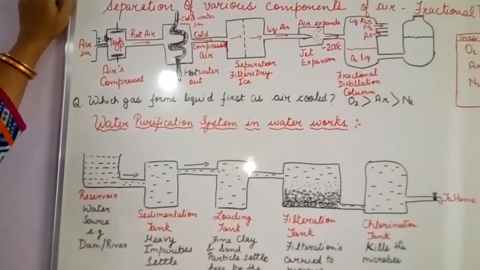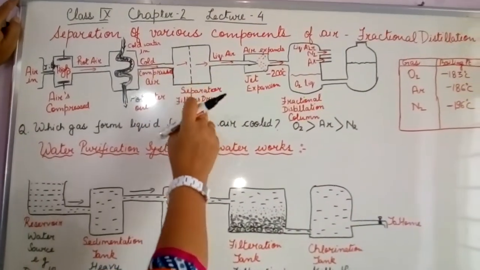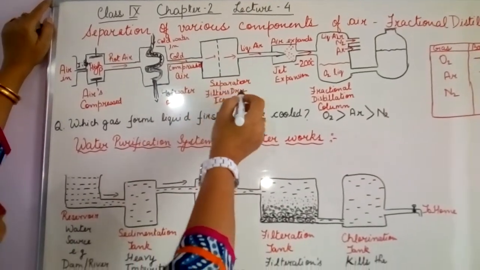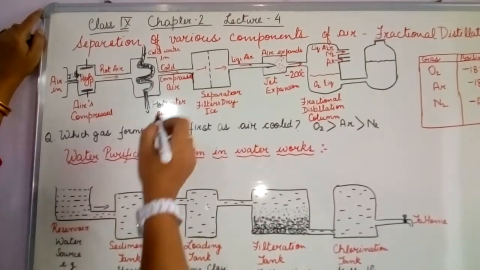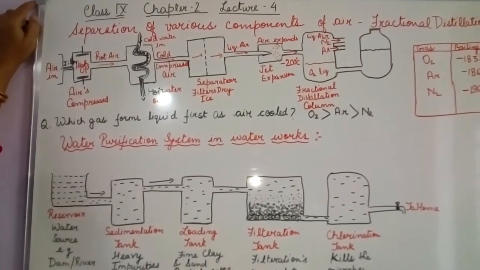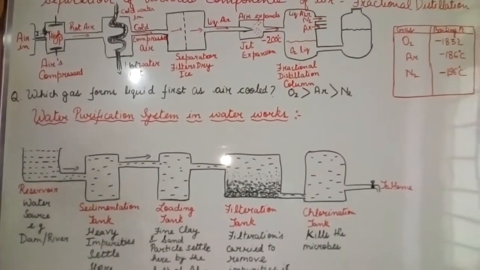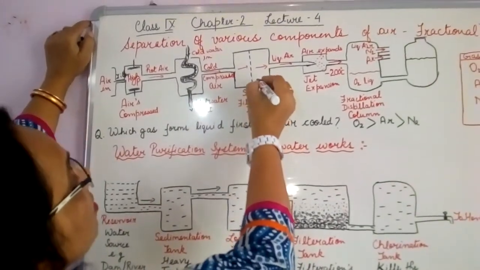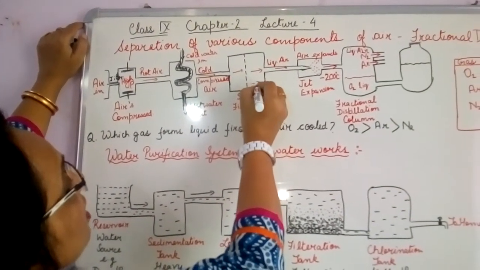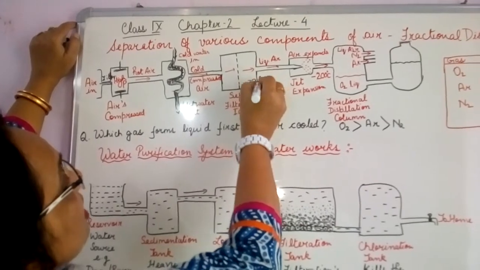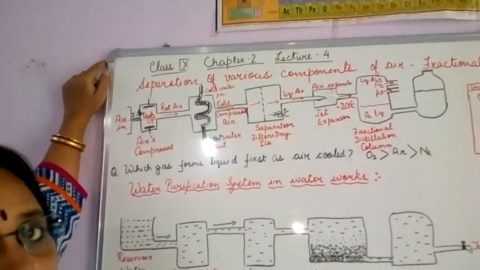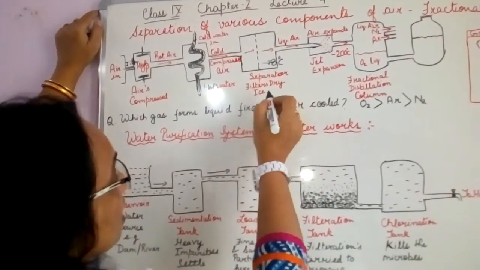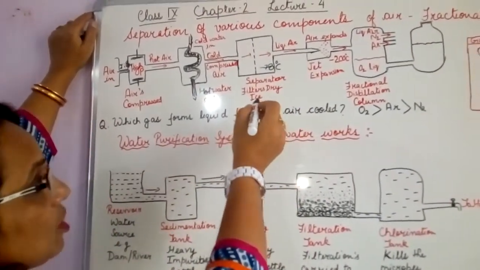Now this cold compressed air passes through a filter. Here the separator, or the filter, filters the dry ice. As you know very well, as the air cools down, by the time it reaches here the temperature is minus 78 degrees Celsius, and at this temperature the carbon dioxide gets converted into dry ice, or solid carbon dioxide.